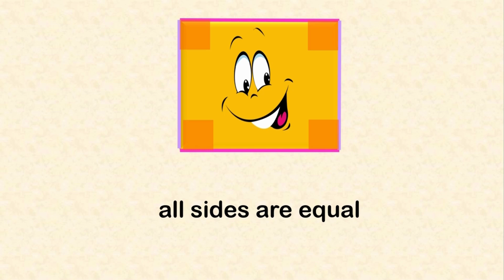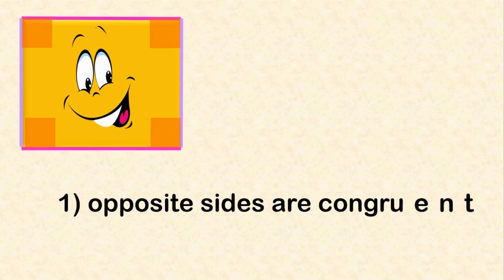In the square, opposite sides are equal like her father and grandfather. Opposite sides are parallel and opposite angles are equal.